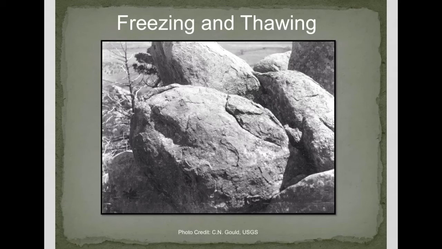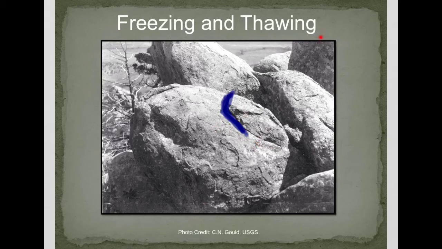Freezing and thawing is what we saw in the BrainPOP video before, where cracks form in the rocks. Water, when it rains, gets in there. And when it freezes, when the temperature drops, that water expands. And when that water expands, it pushes the rock and can make the crack deeper and wider.